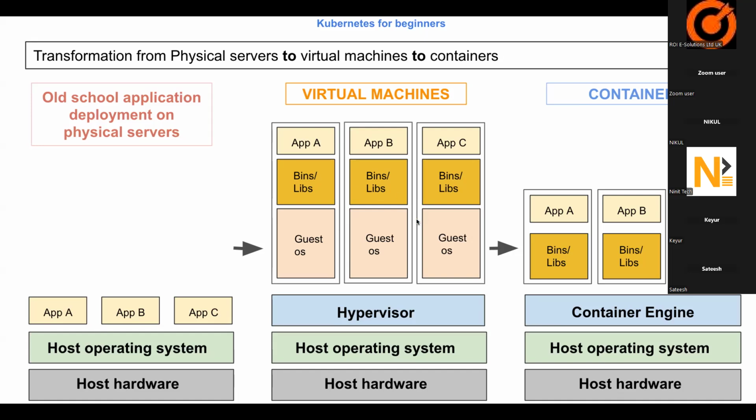Then another engineering approach evolved, known as virtual machines. Virtual machines were a very powerful approach for isolating your applications. On a host operating system, you install another special software known as a hypervisor.